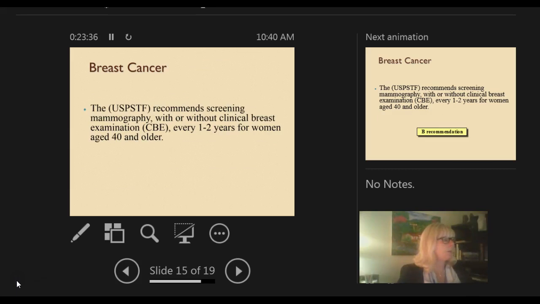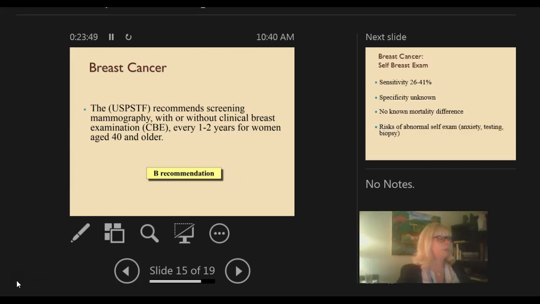So the United States Preventive Services Task Force recommends screening mammography with or without a clinical breast exam every 1 to 2 years for women ages 40 and older. So that is a B recommendation, and I'll show you on the site. B recommendation.